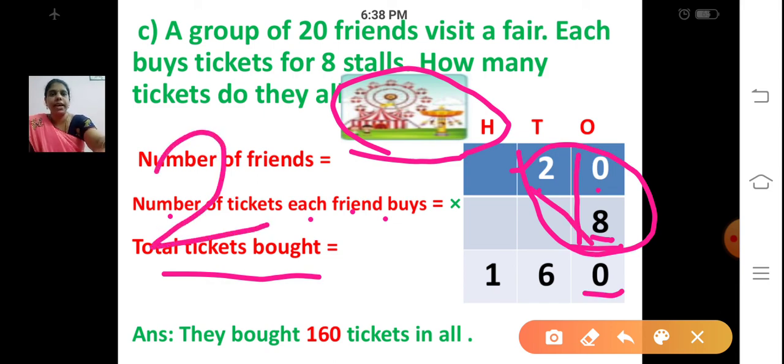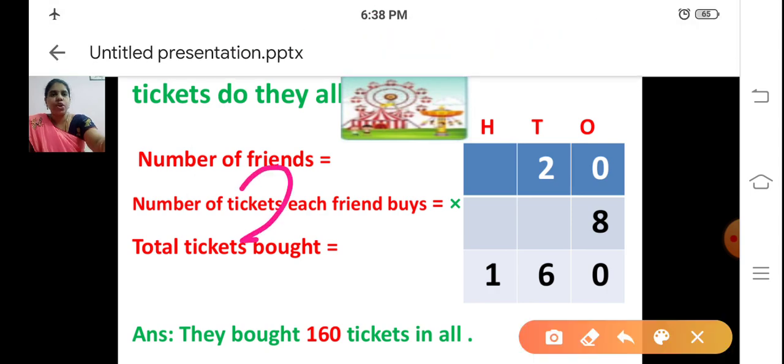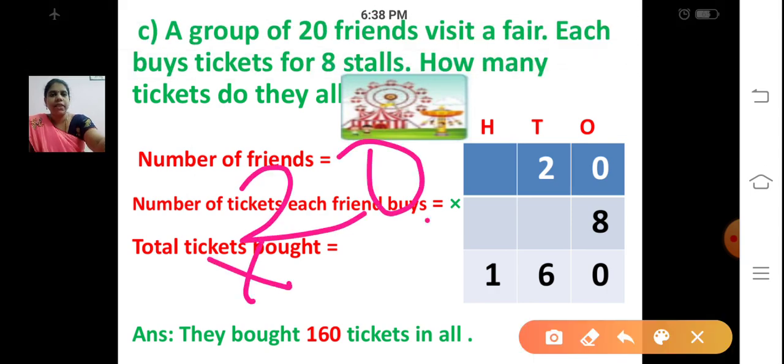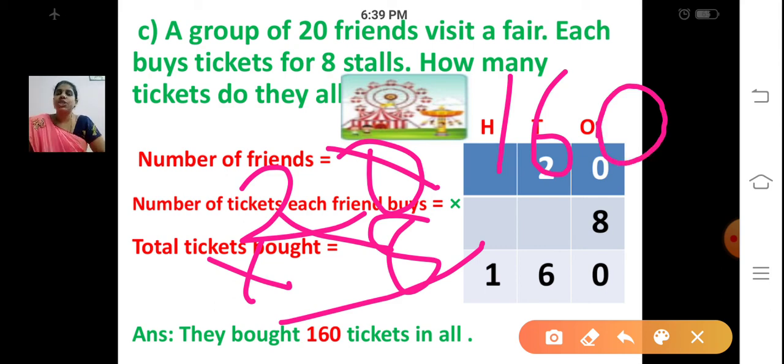If we have a 0 at the end, we can do it that way also. So just ignore the 0. Multiply the remaining numbers. 2 8s are 16. Then we have the 0, right? So put that 0 to the right of this answer. When you multiply 20 by 8, the answer is 160.